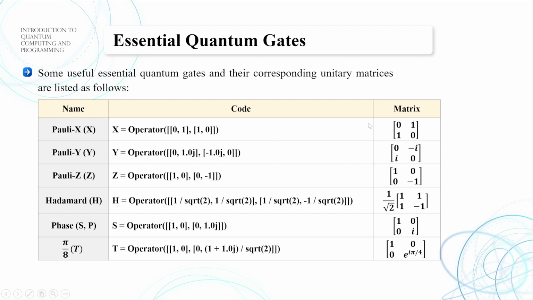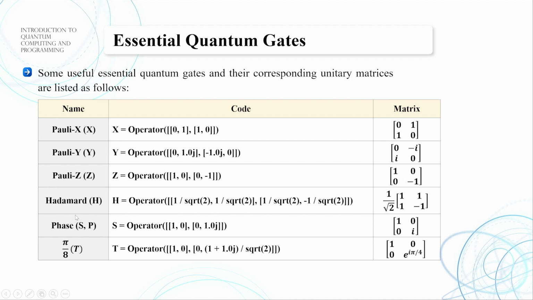Try to remember this part, because in the next part we often use this kind of code. We also have Pauli Y and Pauli Z. You can see these operators on the screen.